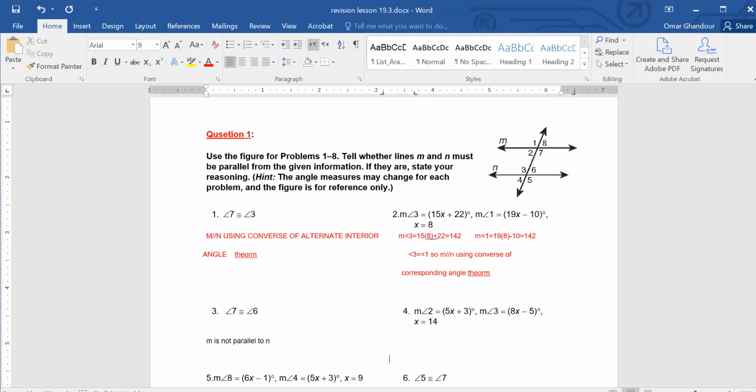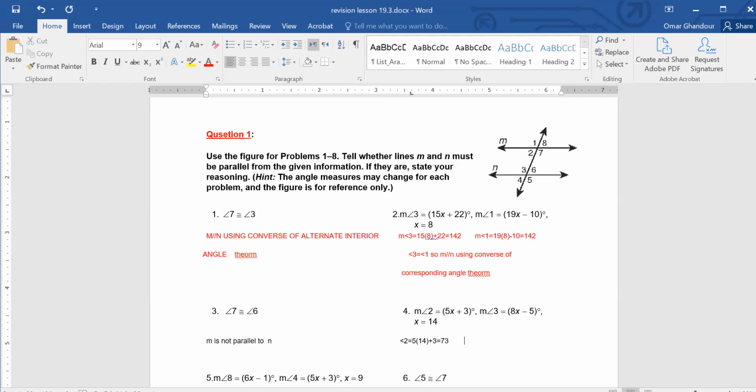Okay, for question 4. Again, measure of angle 2 equals whatever and measure of angle 3 equals whatever, and x is equal to 14. So I have to substitute first to find both measures. For angle 2, it's going to be 5 multiplied by 14, plus 3. 5 times 14 plus 3 is 73 degrees.